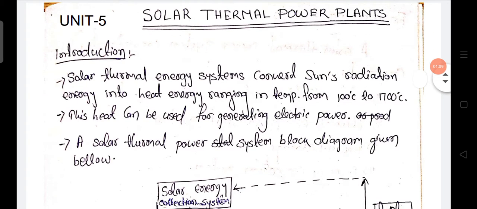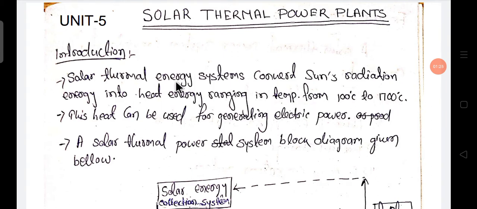A solar thermal energy system converts sun radiation energy into heat ranging in temperature from 100 degrees to 1700 degrees centigrade.